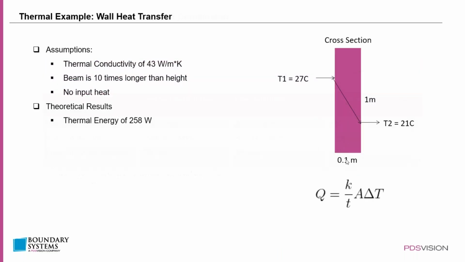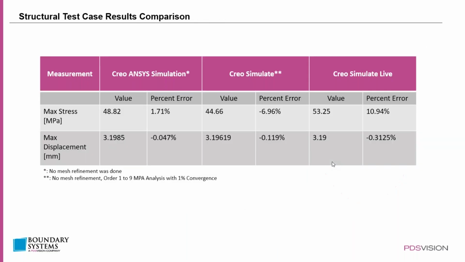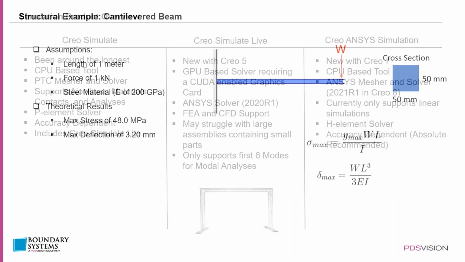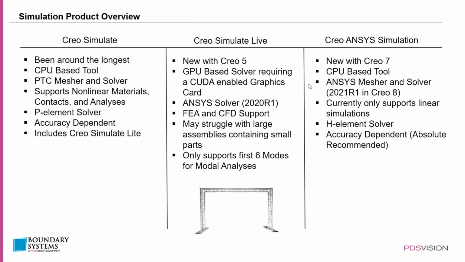So that's correct. I'm going to jump back to this table, just talk about this briefly. Essentially, that is correct. We can just essentially forget Lite even exists. So this Creo Simulation Lite down here, it is pretty irrelevant. It is just the free version of Creo Simulate.